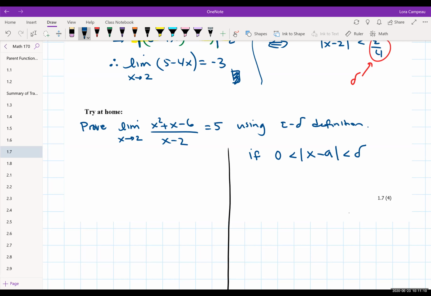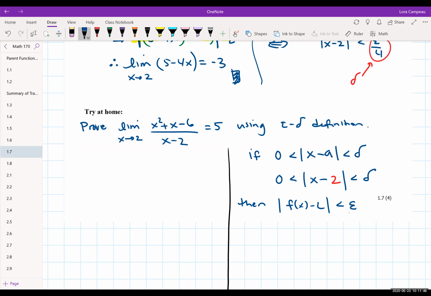In our case, our a, okay, so let's say 0 is less than |x minus 2|, x is approaching 2. Okay, so that's what we're going to be looking for. So now, if this is the case, then we should have our conclusion. Remember, the conclusion is |f(x) - L| is less than epsilon.